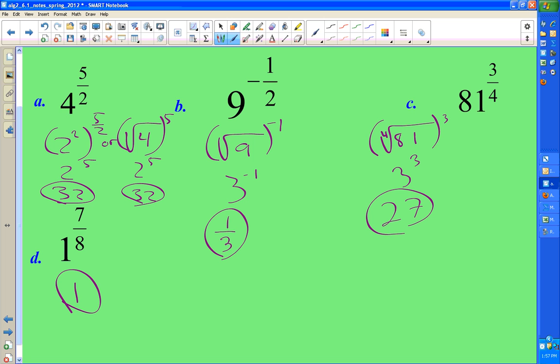Index is 4. Power is 3 on the outside. What's the 4th root of 81? 3, to the 3rd. 3 to the 4th is 81, right? Oh, okay. Yeah. So then 3 cubed is 27.